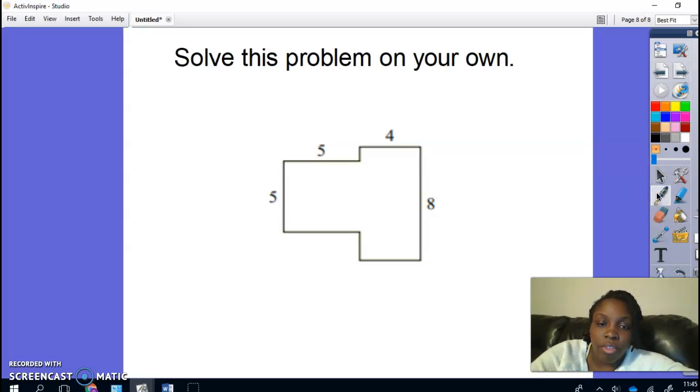And I'll start you off and I'm going to break it apart vertically for you. So find the total area for this image here. You should have time to find the area for this image, and we're going to see if you got it correct.